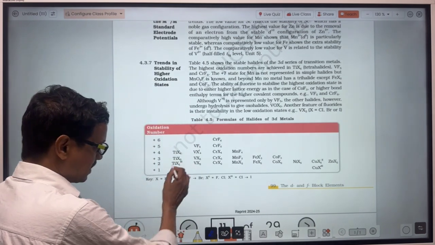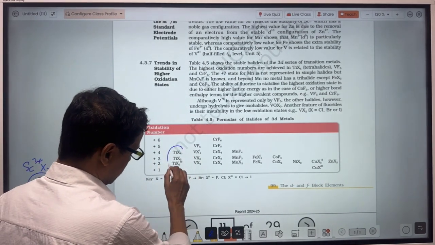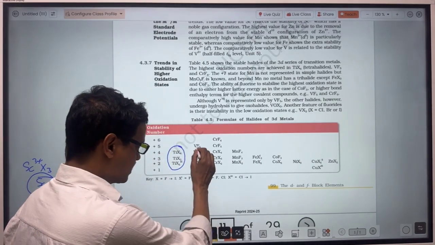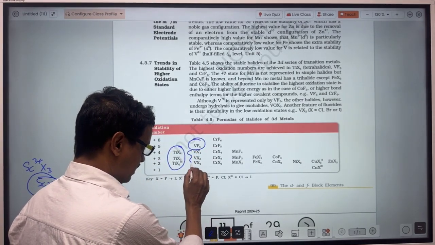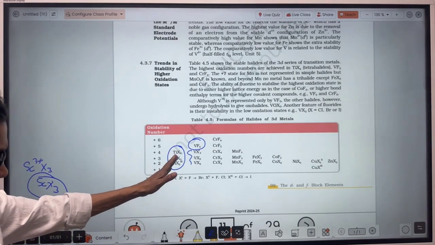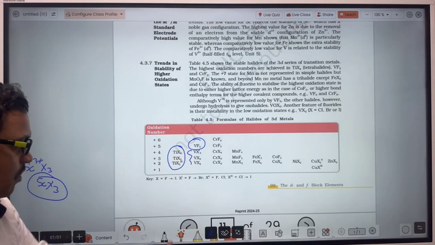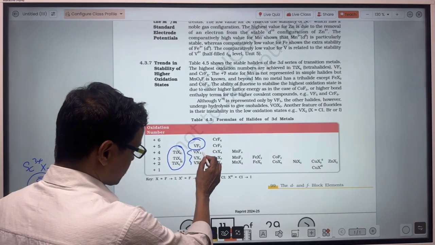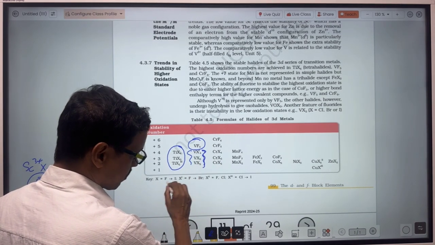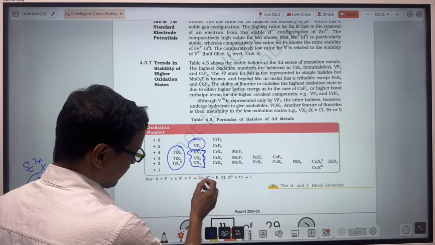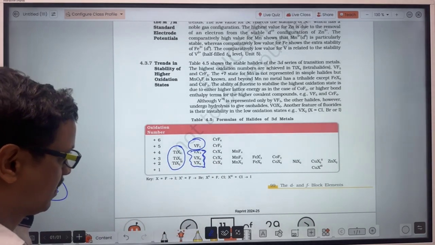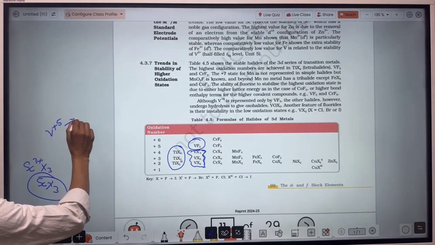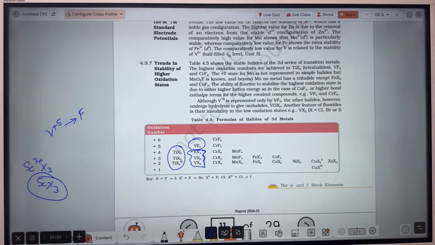Then it starts from titanium. Titanium shows the oxidation state till +4. Vanadium shows till +5, but vanadium shows the +5 oxidation state with the halogens only in case of fluoride.